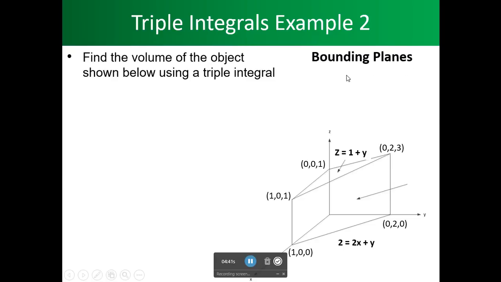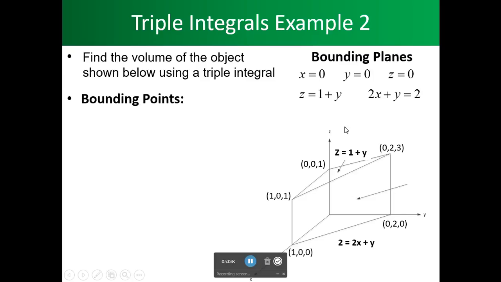We said we have boundary planes. We have the upper plane, which is z equals y plus 1, and the lower plane, 2x plus y equals 2. So that's our bounding planes.